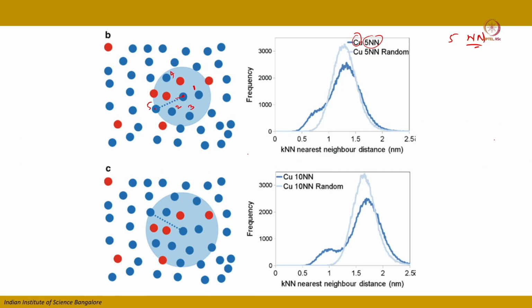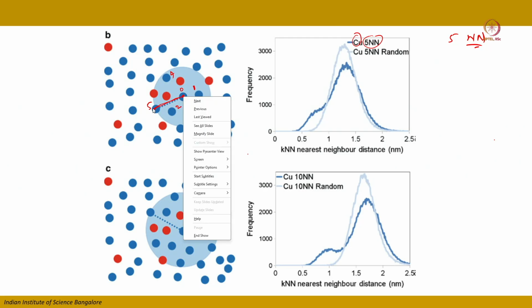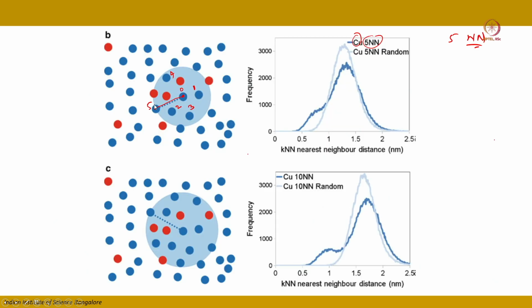So the distance between the origin atom and the fifth atom is measured and plotted in the frequency versus KNN nearest neighbor distance.